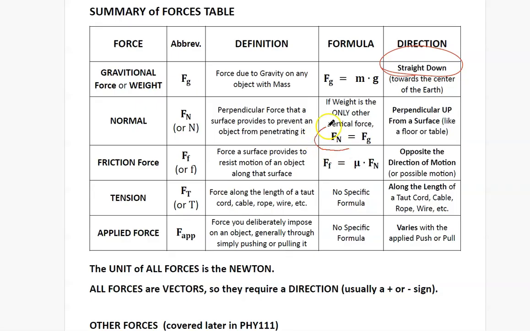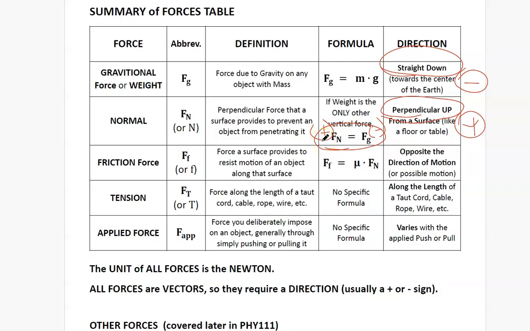The normal force and the gravitational force are the same, but it's perpendicular up from the surface. So normal forces tend to be positive, whereas gravitational forces tend to be negative. If you want to be technical, we can remind ourselves this is actually the negative number and this is the positive number that we're calculating.